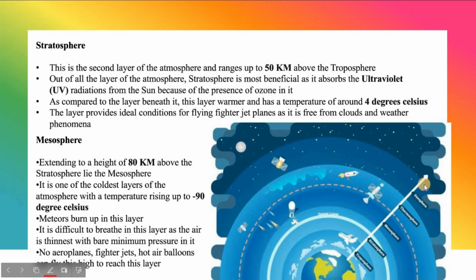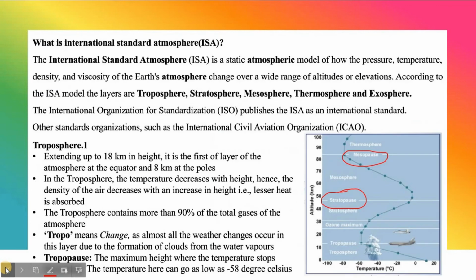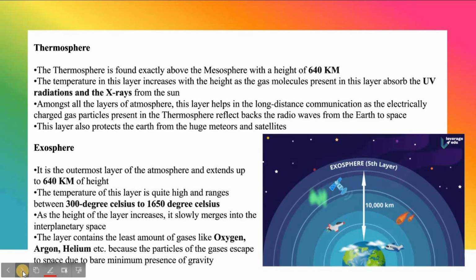Then next we are going to discuss the thermosphere. The thermosphere is found exactly above the mesosphere, with a height up to 640 km. The temperature in this layer increases with height as the gas molecules present in this layer absorb the UV radiation and X-rays from the sun.